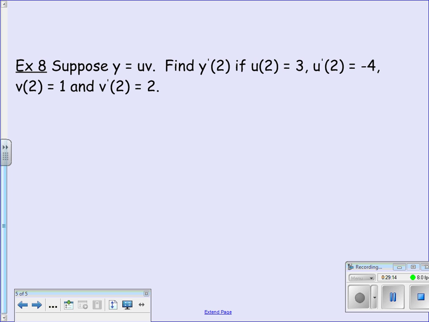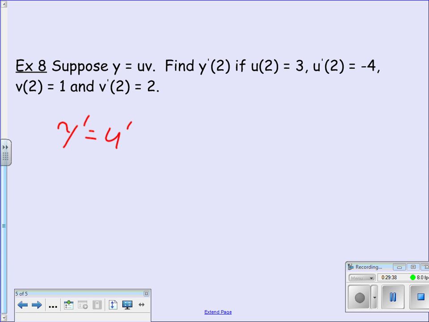Now, I'm given y is equal to u times v. What is y prime of 2? Is my question. So to answer this, first of all, what's y prime? U and v are functions, so what do I use? The product rule.